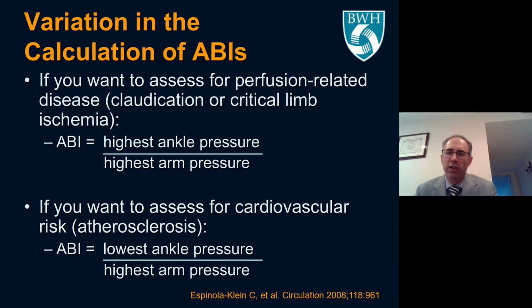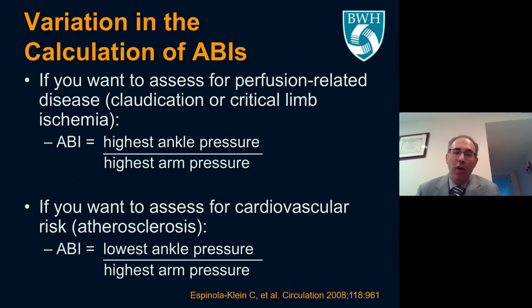Because perfusion to the limb and limb perfusion-related symptoms will only be as bad as your very best perfusion from an artery. So if you've got a higher number from the dorsalis pedis in that leg and a lower number from the posterior tibial artery, you're going to pick the highest of those two pressures to do the ankle brachial index.